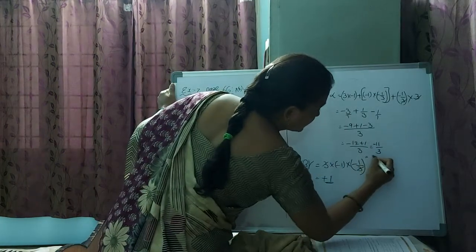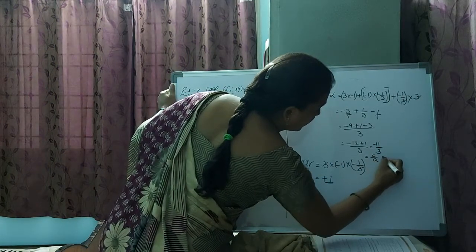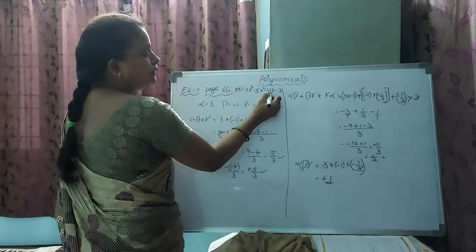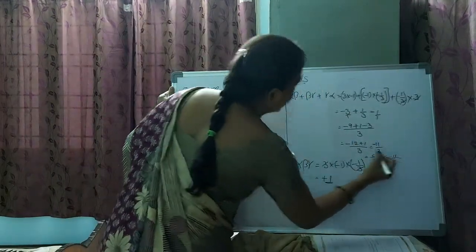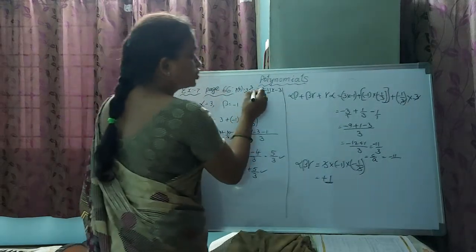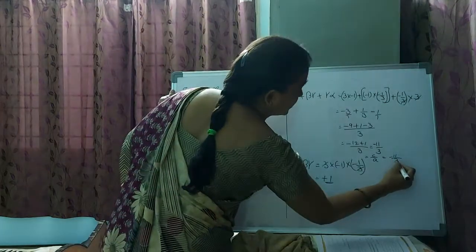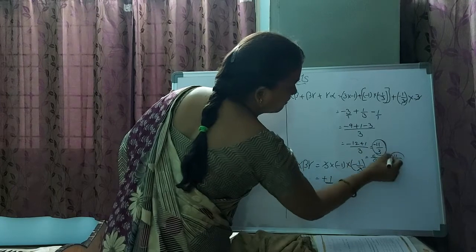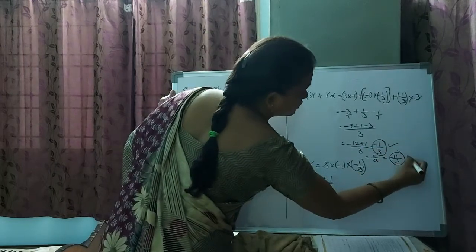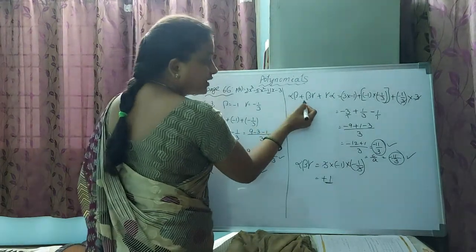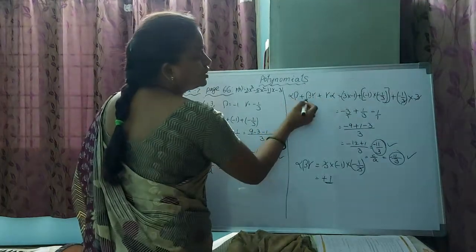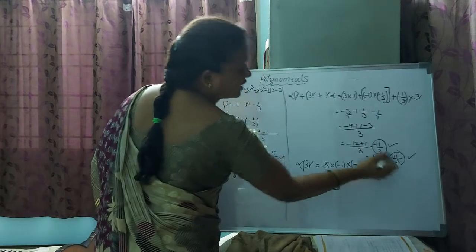Coefficients: c by a. What is c here? C means the x coefficient, minus 11, by a, which means the x cube coefficient, that is 3. So minus 11 by 3, minus 11 by 3. This is also verified.